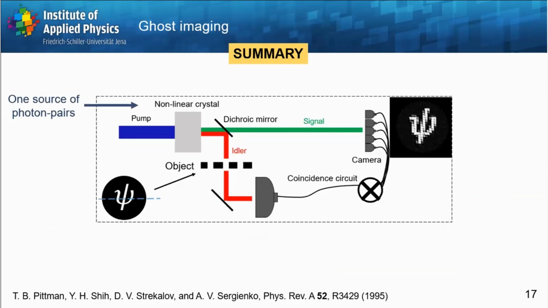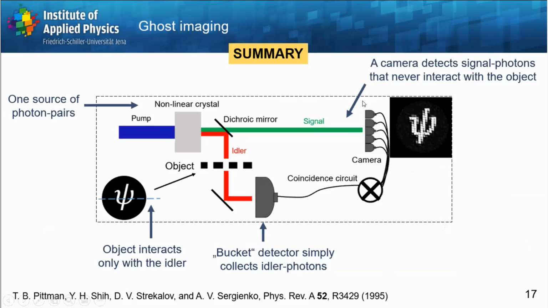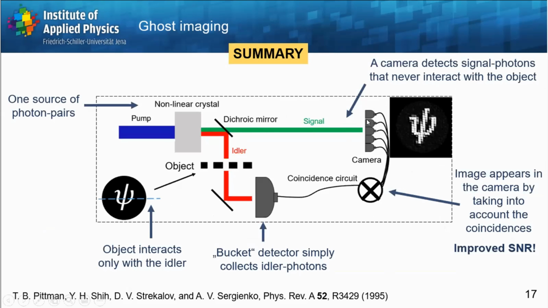As a summary, for ghost imaging, we need one source of photon pairs. The object is going to interact only with the idler. The bucket detector is going to simply collect the idler photons, with no spatial resolution. And the camera is going to detect the signal photons that never interact with the object. That is where we get our non-local image on the other side. What's important here is that the image appears by taking into account the coincidences.